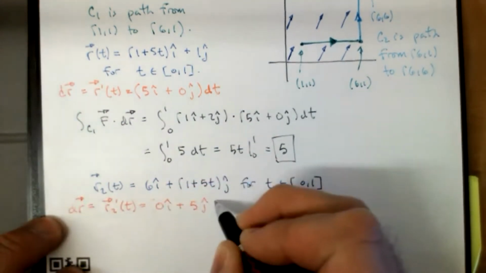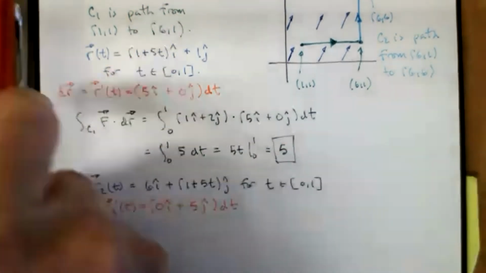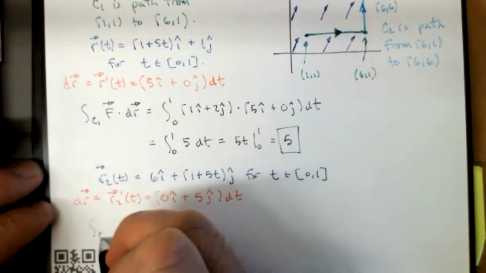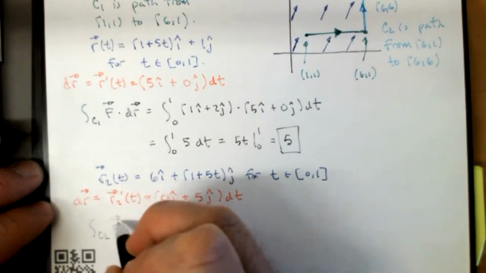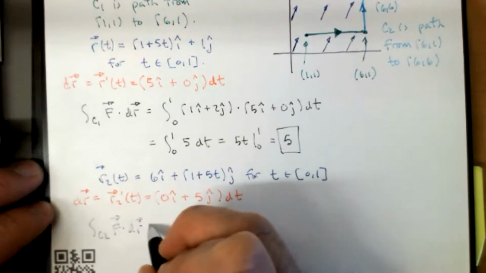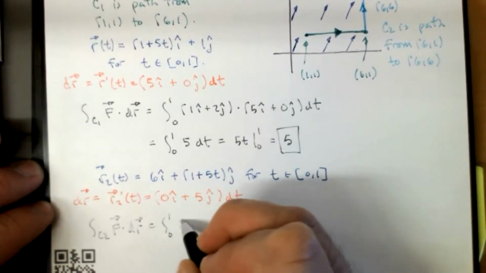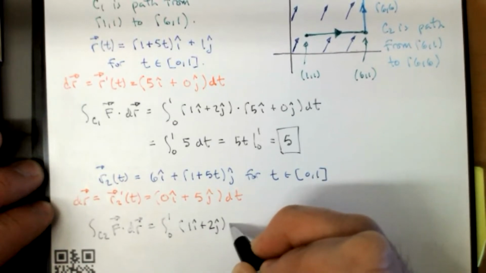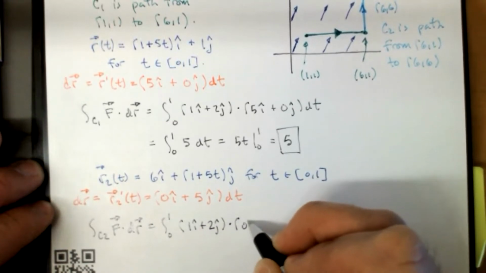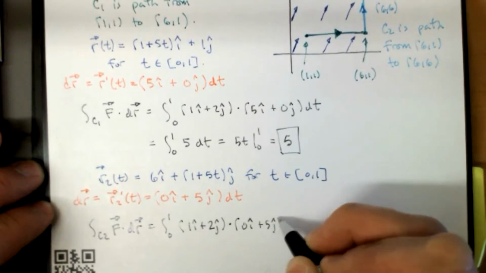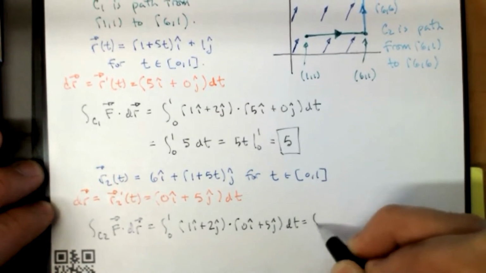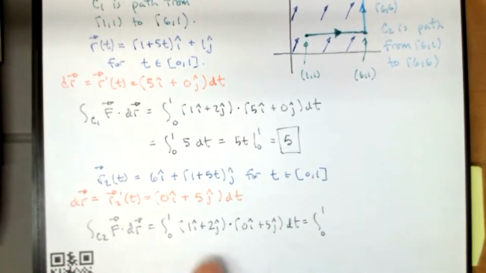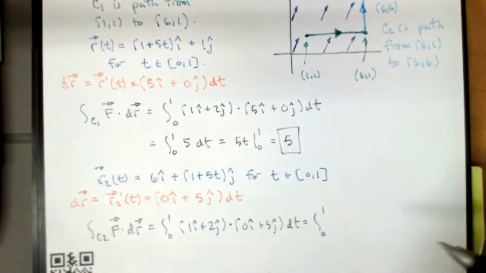Although I forgot the dt again. So now our dot product is 0 plus 10.